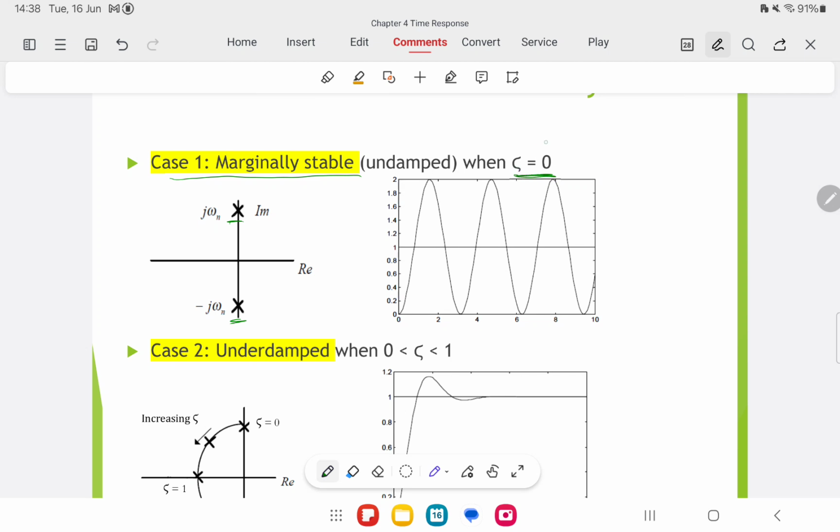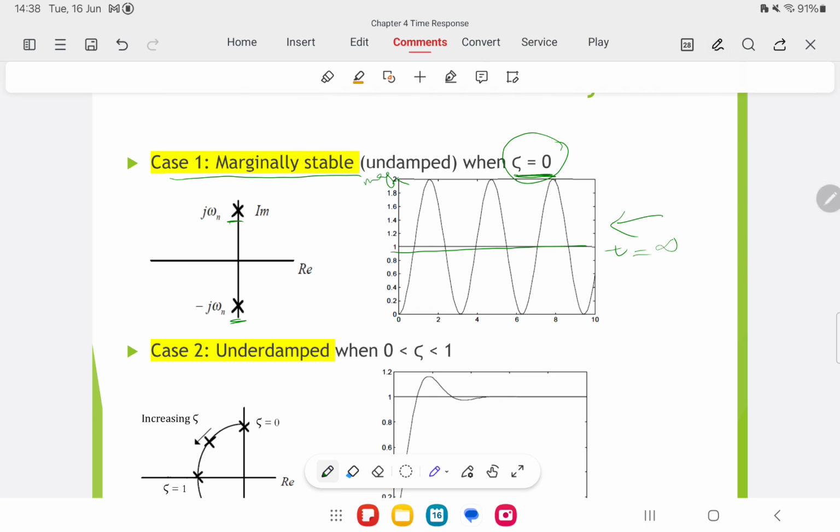When you calculate, you must get 0. And the graph will be like this. The x-axis is time versus magnitude. It oscillates continuously, even when t equals infinity the graph will be like that. It will continue to oscillate. This is the first condition.